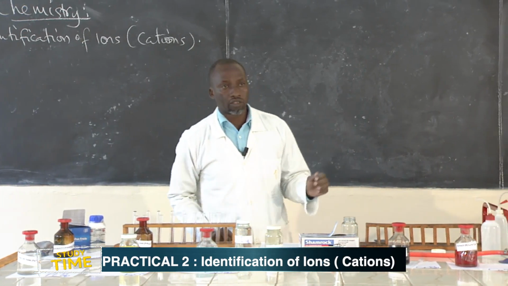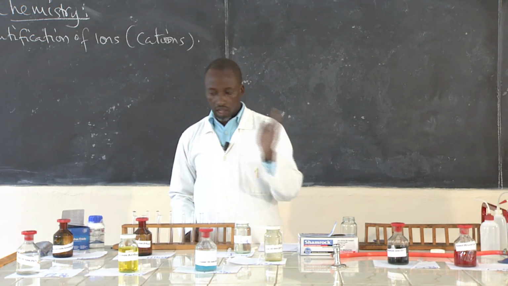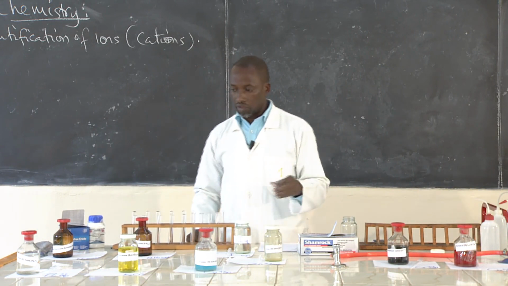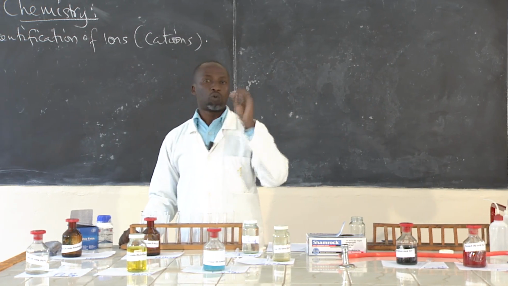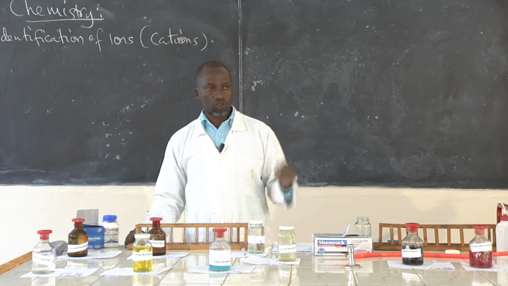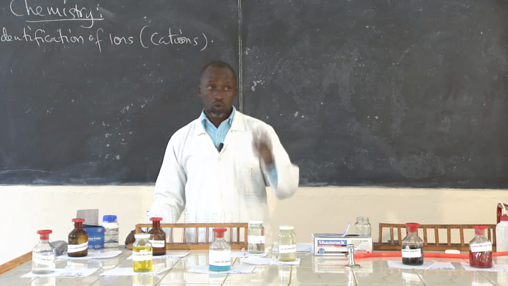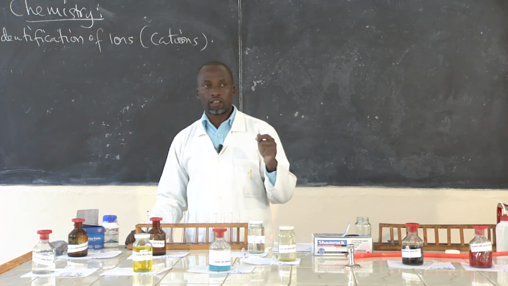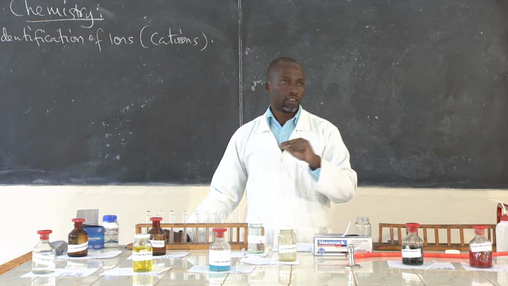When I mention the ions, one would maybe ask, where are the other ions? So this time we are just looking at the cations. You remember in the previous lesson, we looked at the ions iron 2 and iron 3.